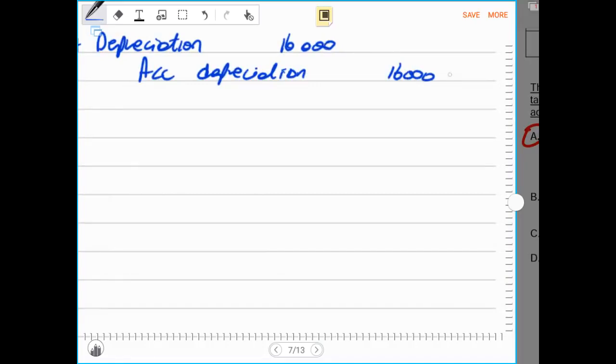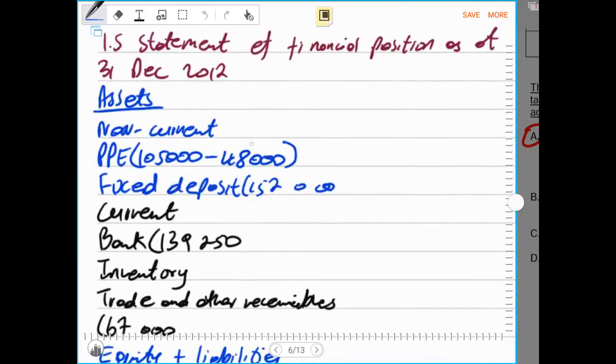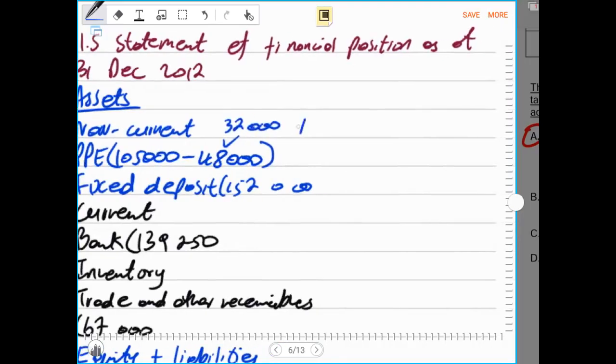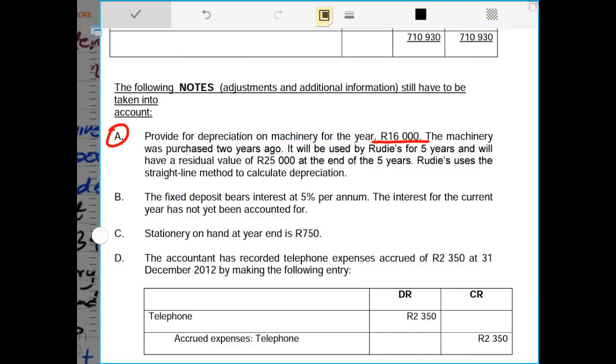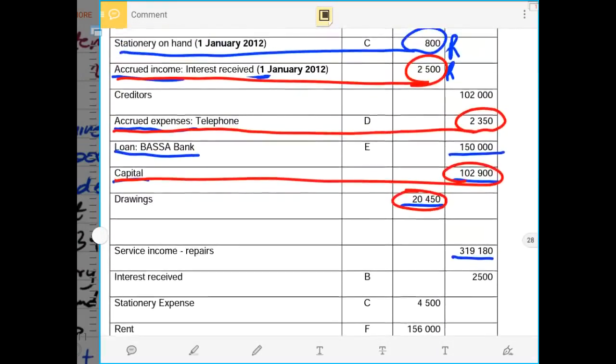So now we have recorded this in the statement of financial position, where we said 48,000 rands, and 48,000 rands was made of 32,000 rands plus 16,000 rands. Remember, this sum of the two became 48,000 rands, and 32,000 rands was the accumulated depreciation that was in the trial balance.